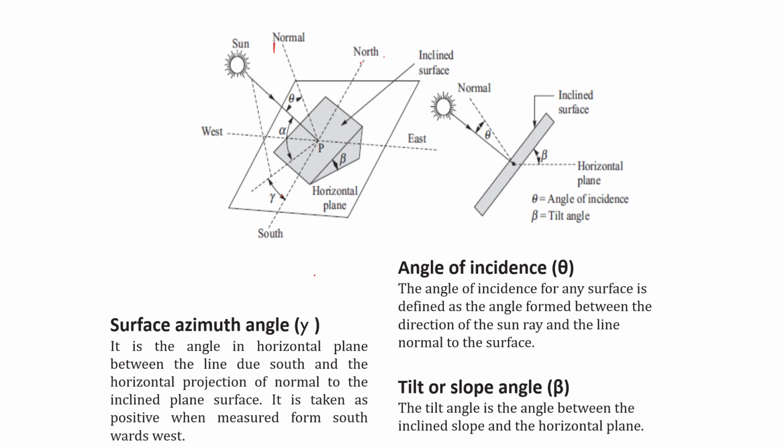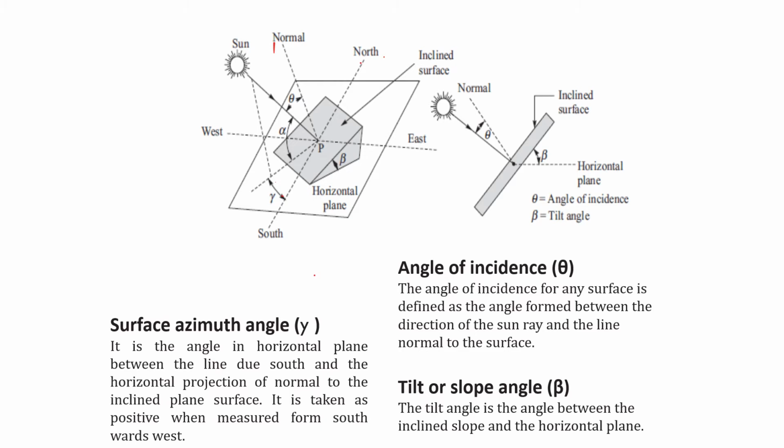Then we had discussed the surface azimuth angle. Remember the solar azimuth angle was with respect to the horizontal. If we have a tilted surface, then how can we define the surface azimuth angle? It is the angle in the horizontal plane between the line due south and the horizontal projection of the normal to the inclined surface.